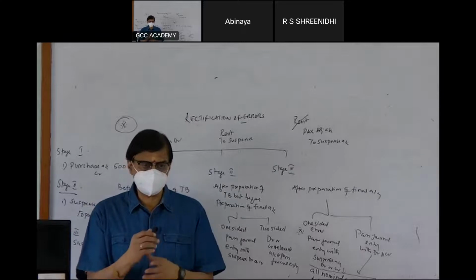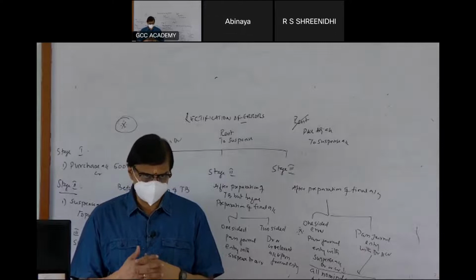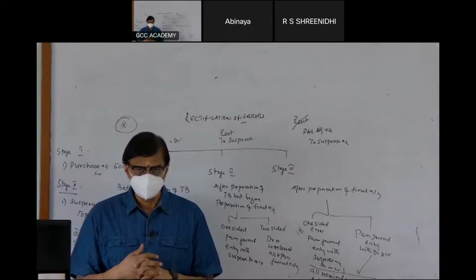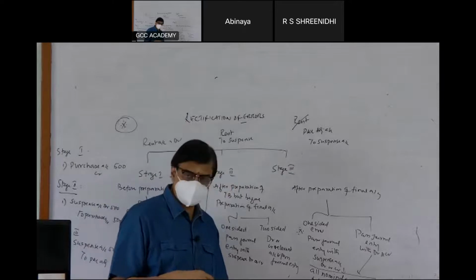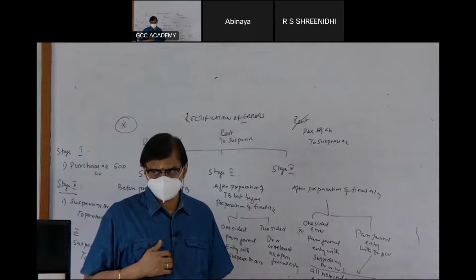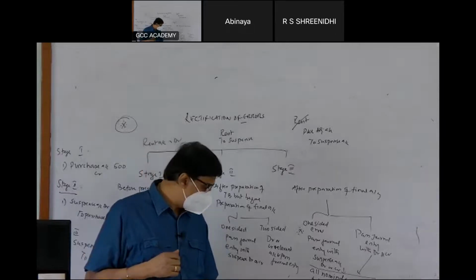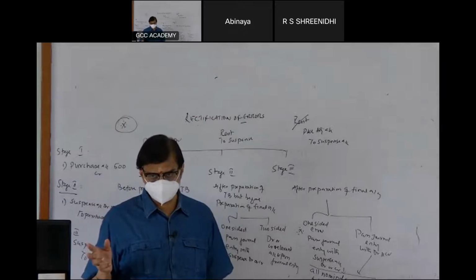What is the correct entry? You are paying salary to Karina by cash. Normally what entry? Salary to cash. Very good. What did he do? Salary paid to Karina 10,000 rupees. Instead of debiting salary, they have debited Karina account. And the cash part is assumed to have gone correctly.